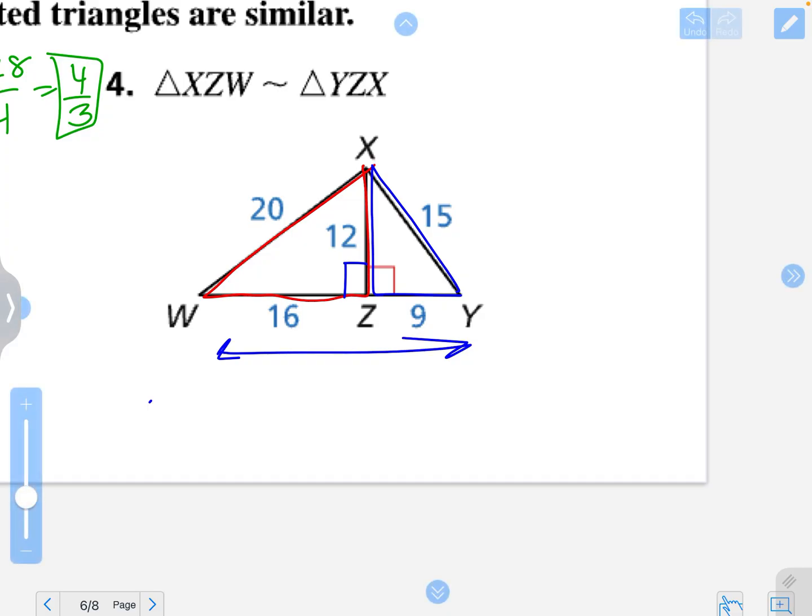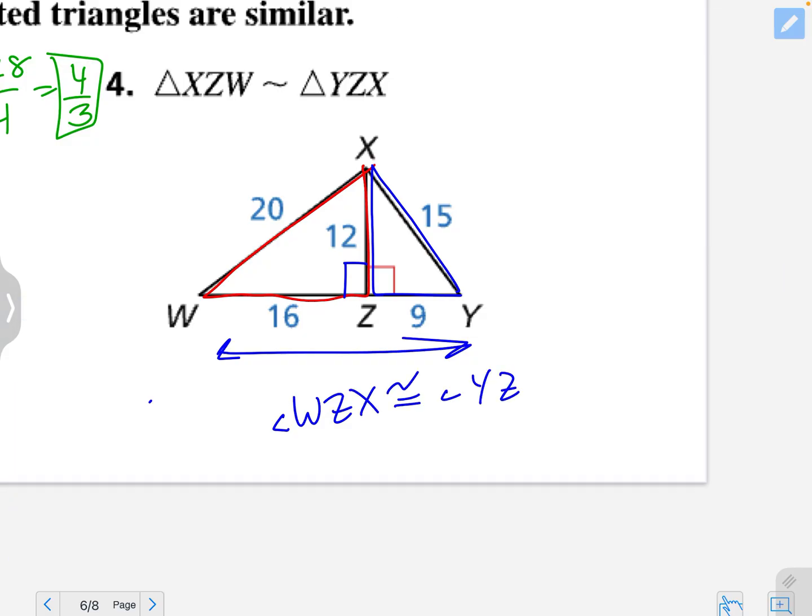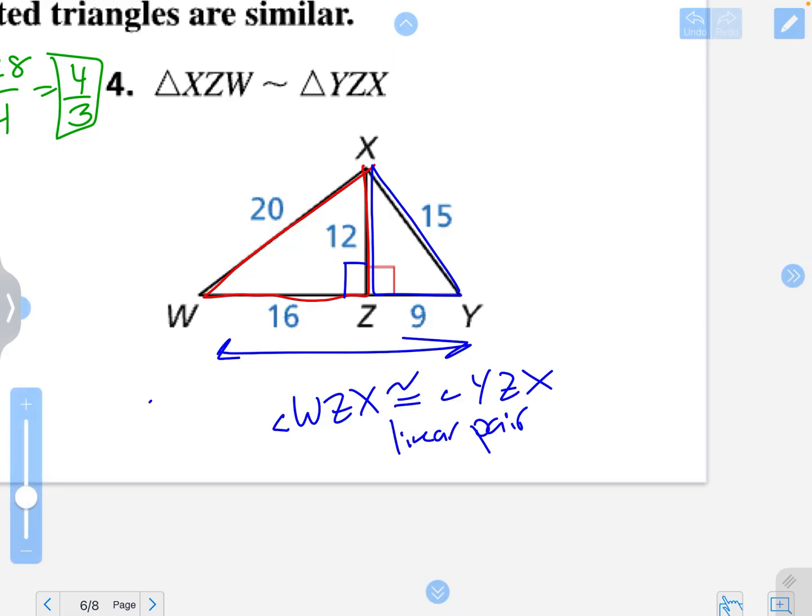So my included angle is going to be angle WZX is congruent to angle YZX because of our supplementary and linear pair. And so now I need the included side. If I'm going to use these two angles, I have to use this side and this side and this side. We cannot use those two because those are not my two angles.